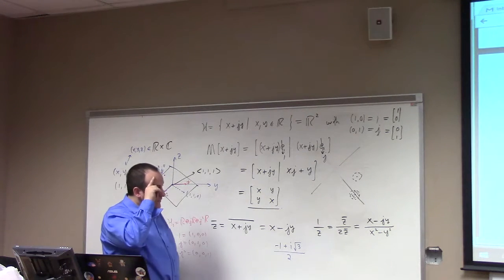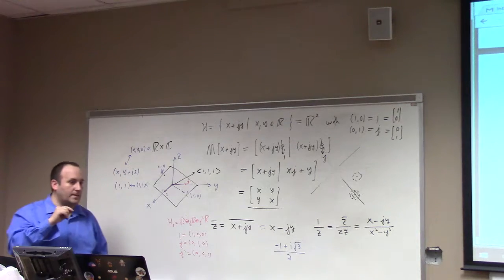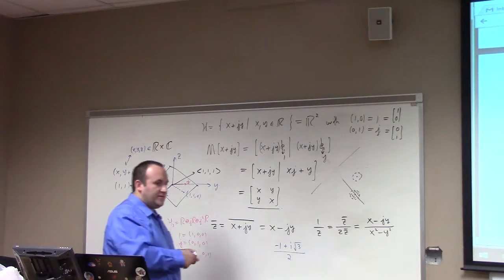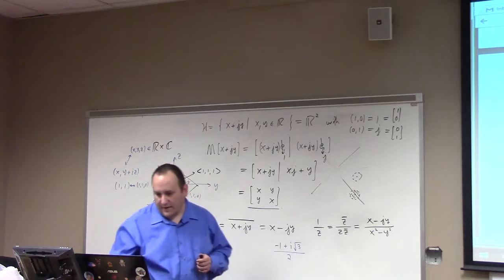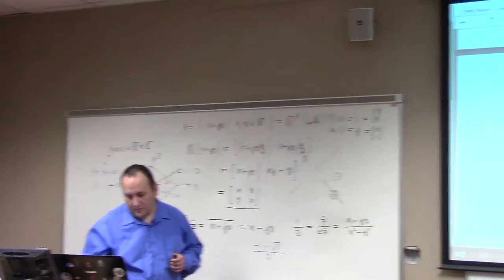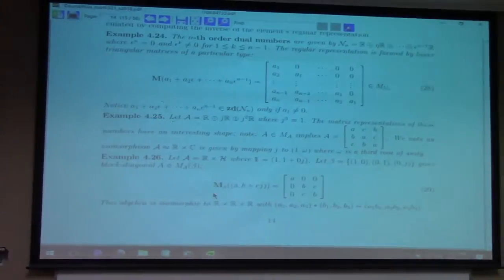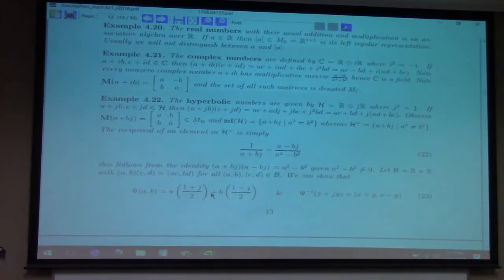Here's another example of that. So the mapping that I was looking at a second ago, it's kind of an important point. This map for the hyperbolics. So we have psi of what is it?